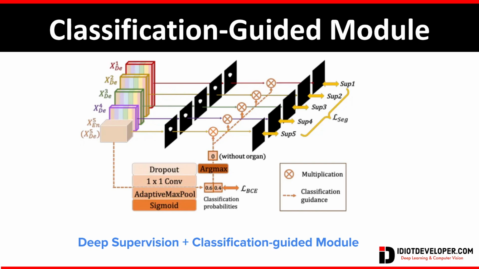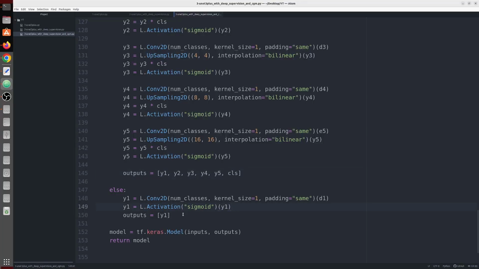So in that way, some of the slices would have a mask indicating that there is a tumor or specific organ, but others would not have. So to ease that, this classification guided module is used in the UNet 3 plus architecture.